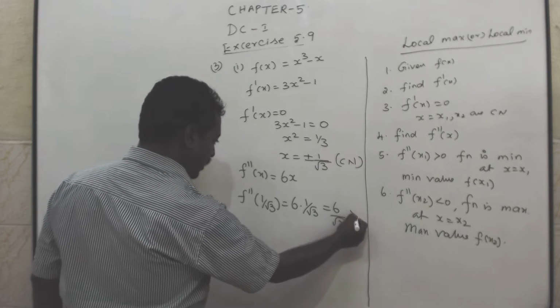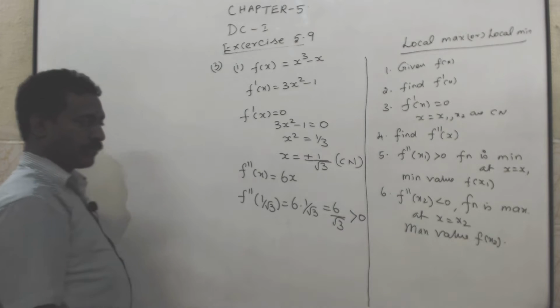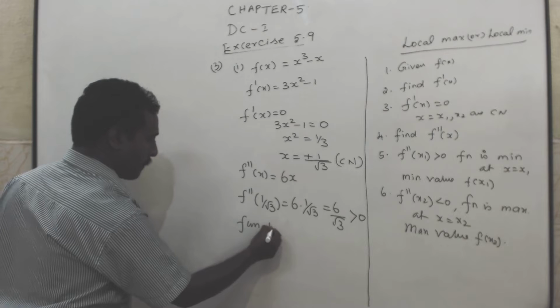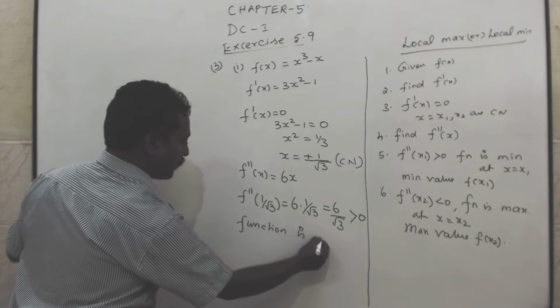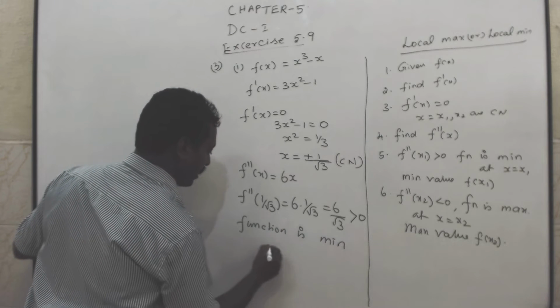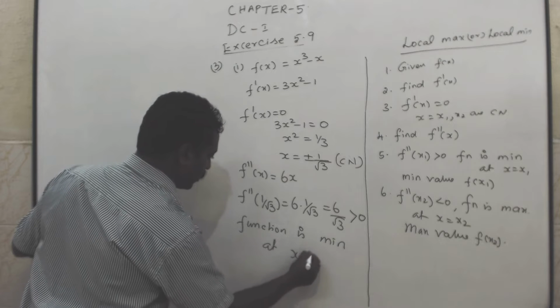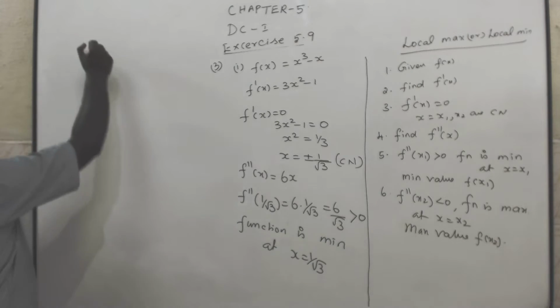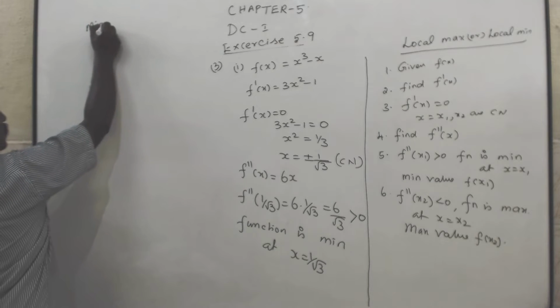Is it positive or negative? Positive. Therefore, function is minimum at x is equal to 1 by root 3. Then find out minimum value.